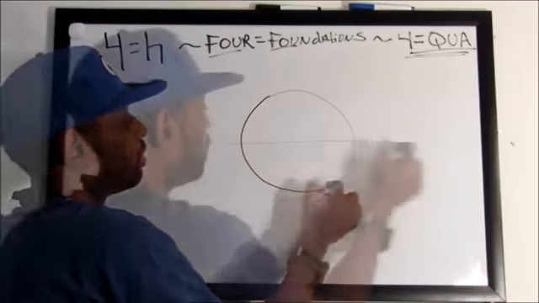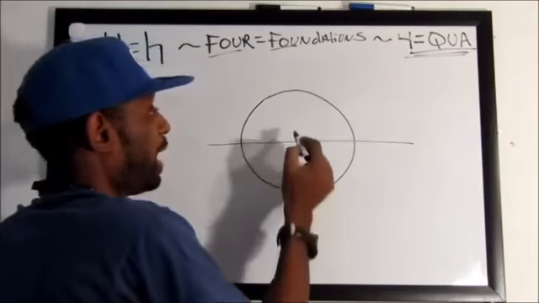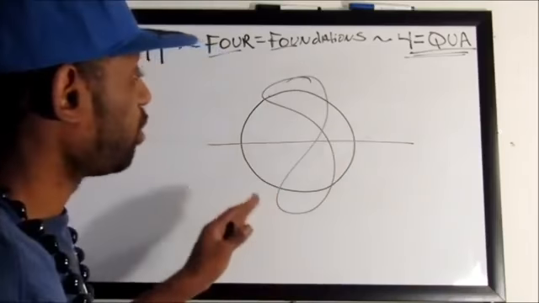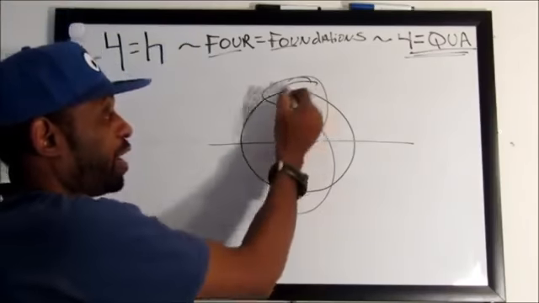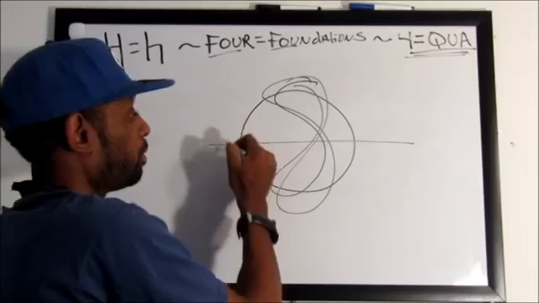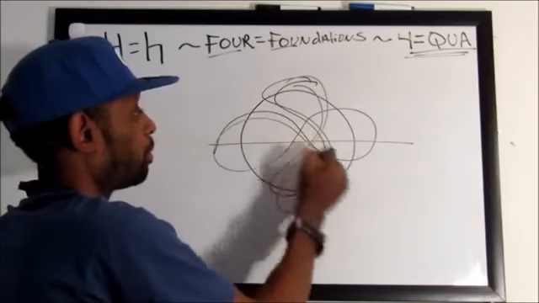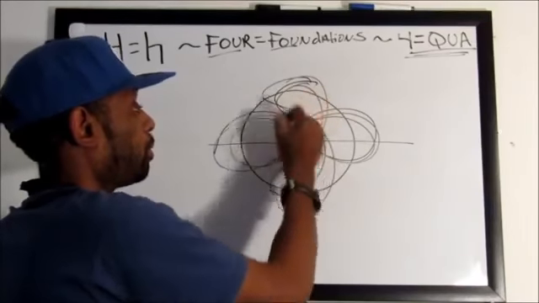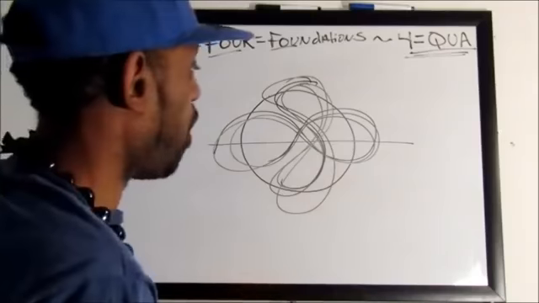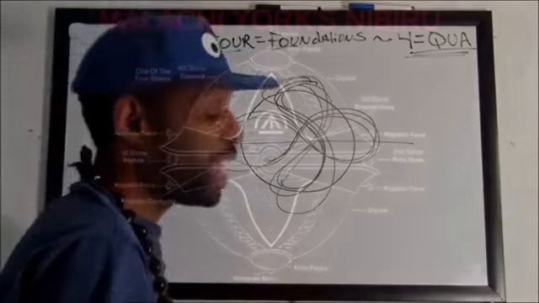Our cosmos looks just like this, and there's energy that flows throughout this cosmos in a figure 8 form. In a figure 8 form, it would make the flower of life.